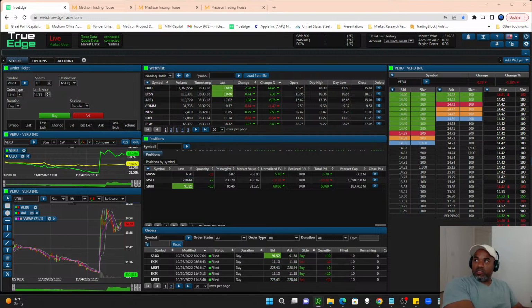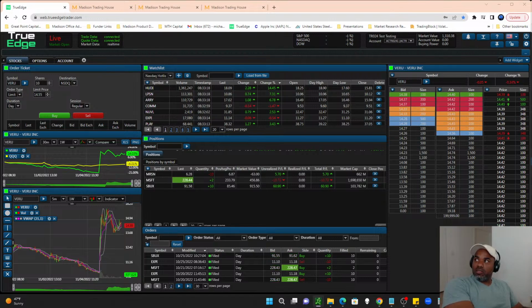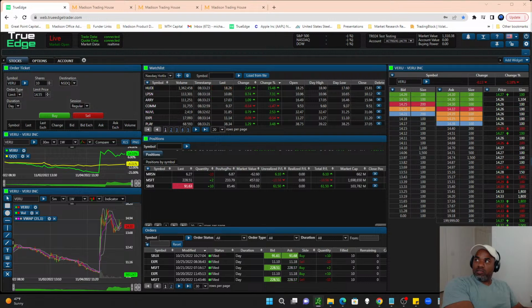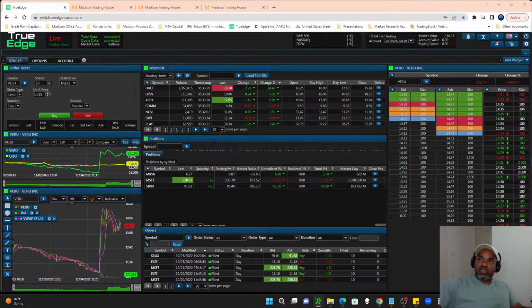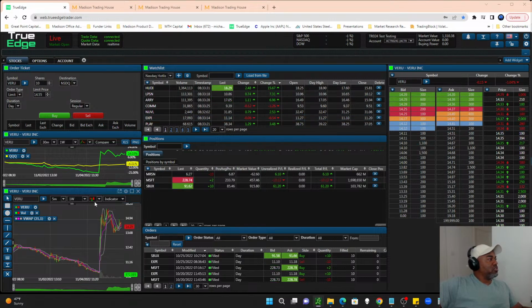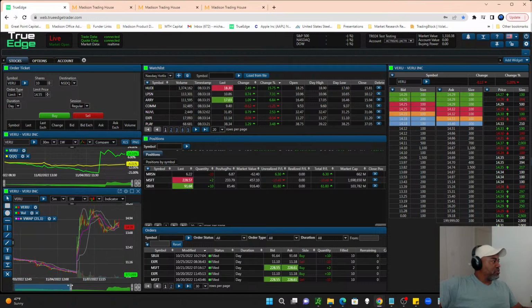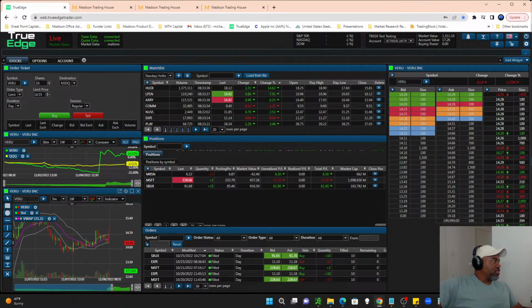Lyft is not doing anything so far. TripAdvisor looks like that one clearly is on the rebound. Okay, so Trip looks like it's on the rebound for sure. And VERU looks like it's attempting to make a move, but hasn't so far.